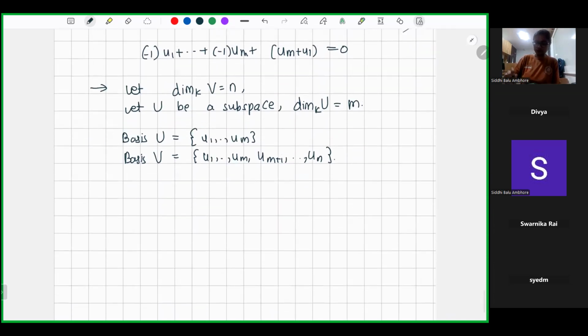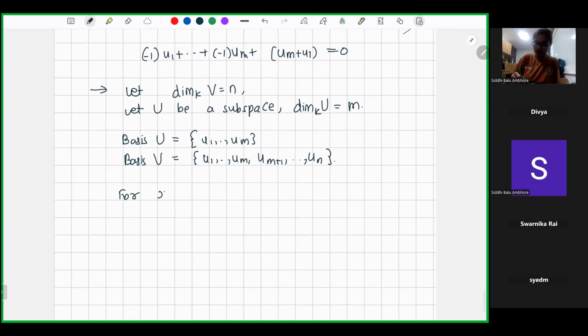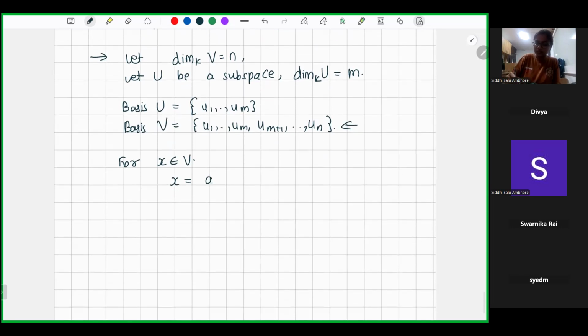So for x in V, I'm choosing x in V, and since this is a basis of V, I can write this x like this: a1 u1 plus up to am um plus bm plus 1 um plus 1 plus up to bn un.